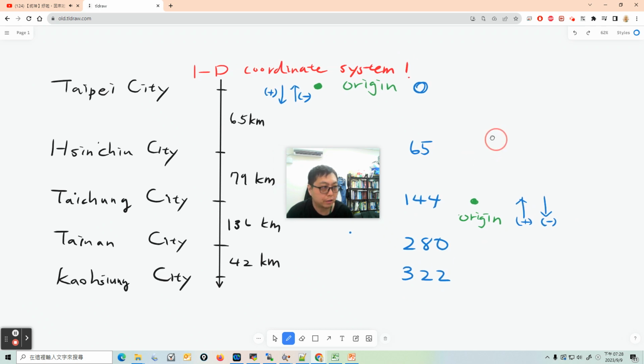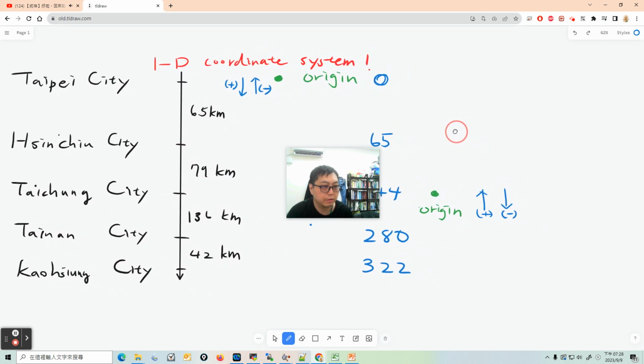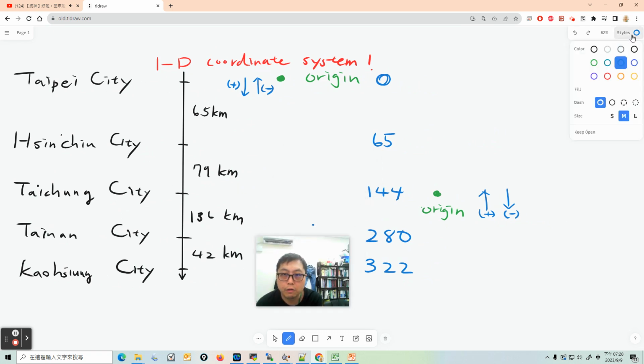Sorry, it is the first time I operate this, so it's kind of messy. Under the new coordinate system, let me recalculate. The old positions were 0, 65, 144, 280 and 322. Under the new coordinate system, the position of each city will change.